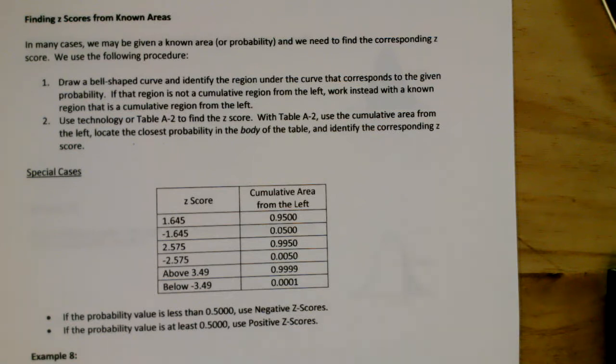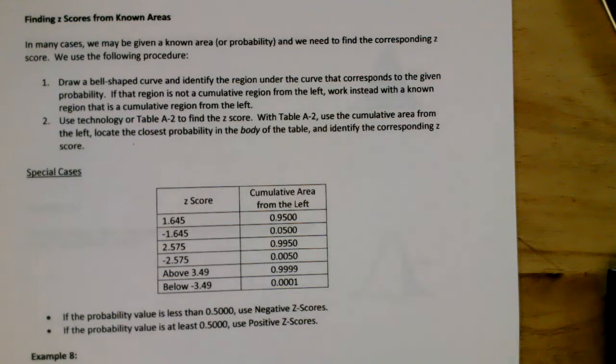Sometimes you'll be given a cumulative region that is on the right side. But if you're going to use table A-2, those values are only for the cumulative area that's on the left. So you've got to do 1 minus whatever the cumulative area on the right is to get the cumulative area on the left. And then you'll use table A-2.